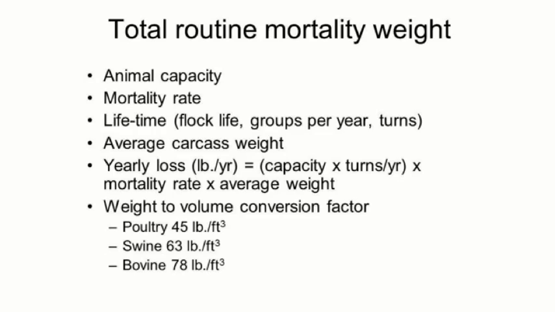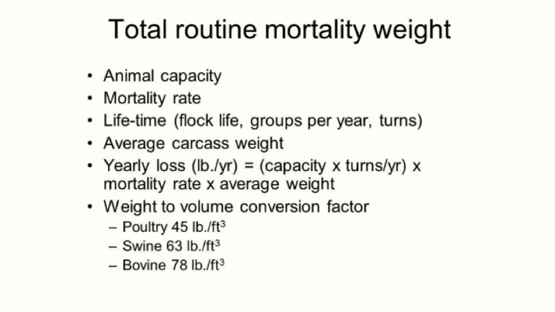Capacity would be how many animals would be there at any one time, and preferably the maximum number of animals. Then we need to know what is a normal mortality rate. And the farmers can tell you this. They know this by experience. We do, as I said in the beginning, have publications and surveys that have been done over many farms that give us some normal mortality rates, but we prefer to use the farm's rate when they have that.